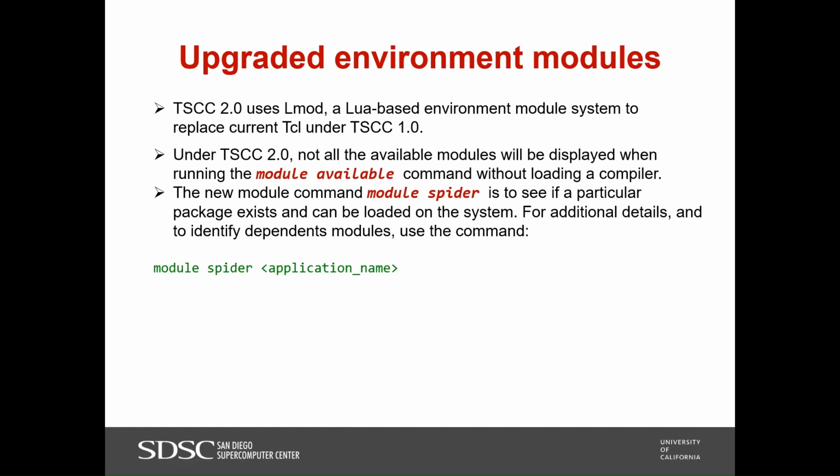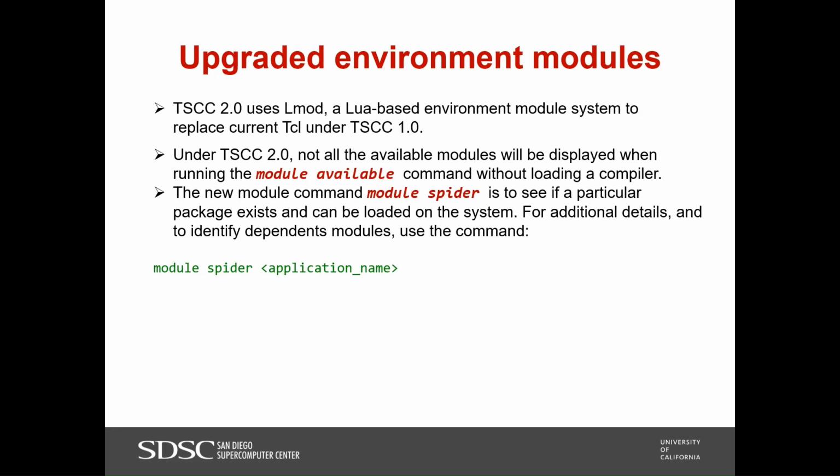There is a new module command, as I highlighted here, called module spider. This command can be used to see if a particular package exists and can be loaded on the system.